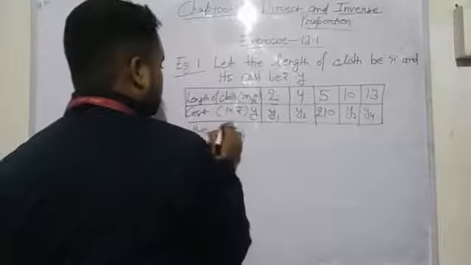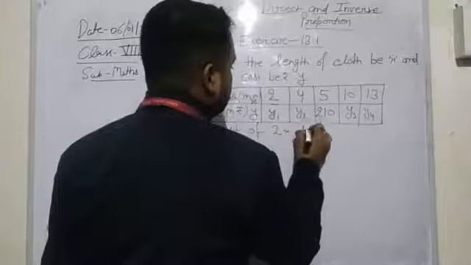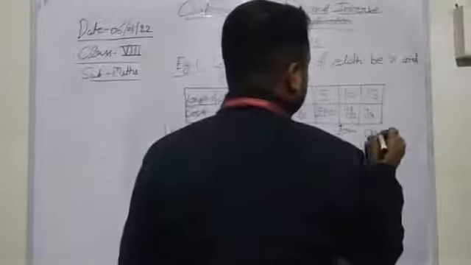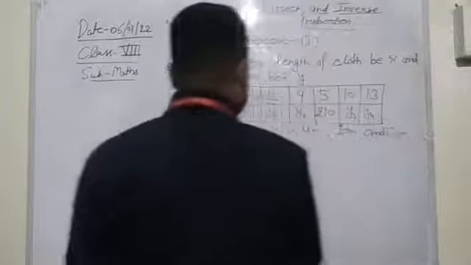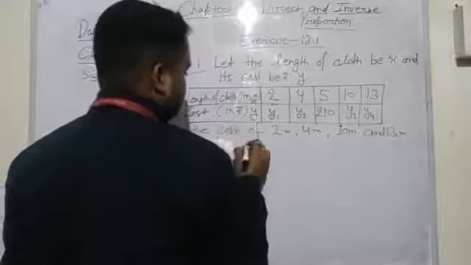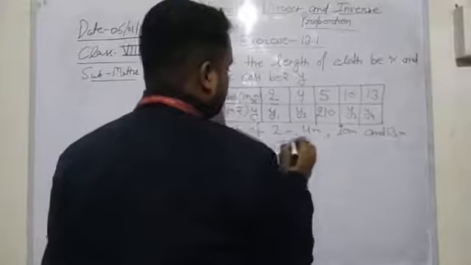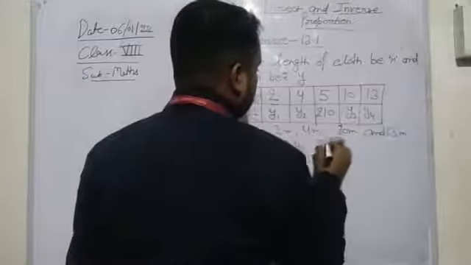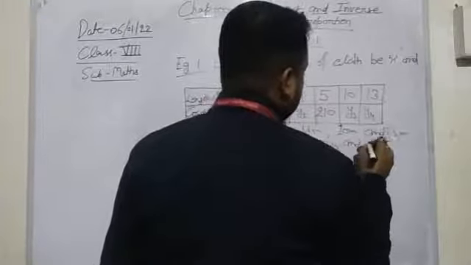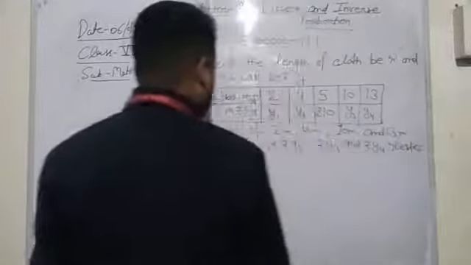Let the cost of 2 meter, 4 meter, 10 meter and 13 meter cloth be rupees y1, rupees y2, rupees y3 and rupees y4 respectively.